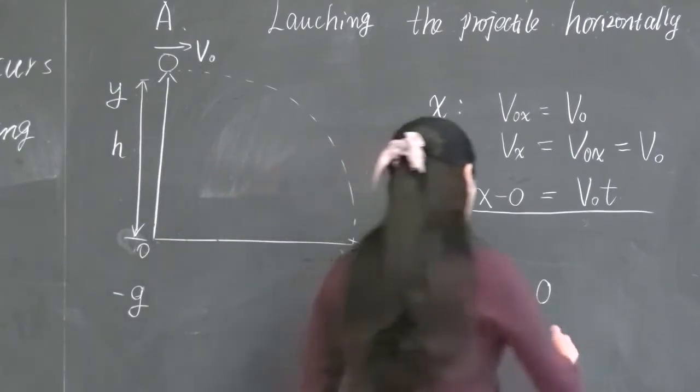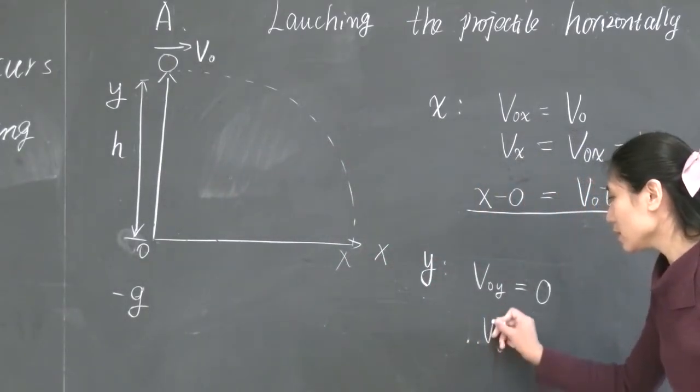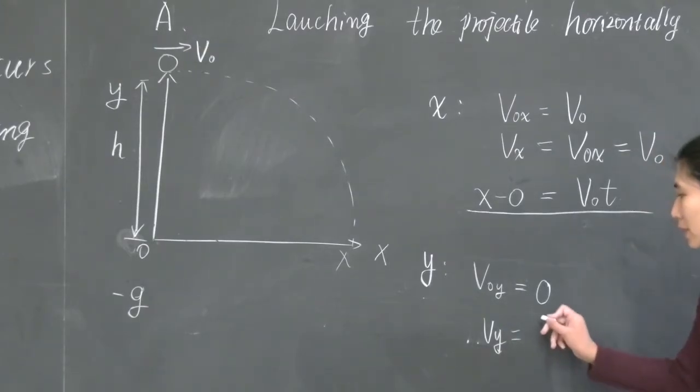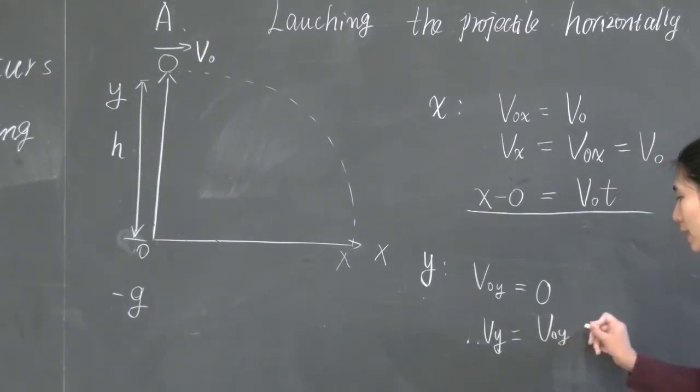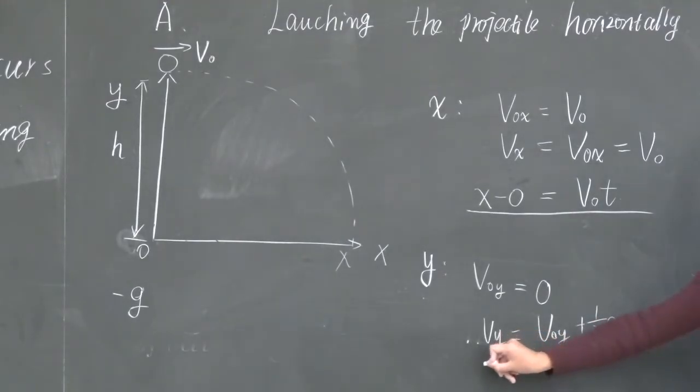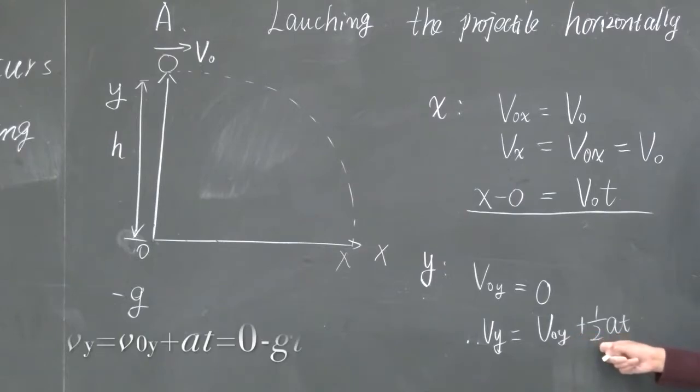Now with time change, this velocity Vy will equal, if you remember, v naught y plus a t. This is how the velocity changes with time and acceleration.